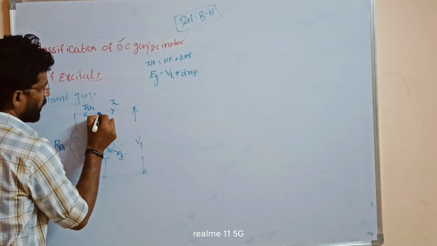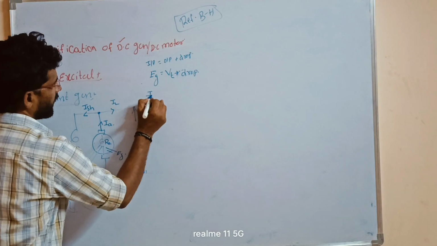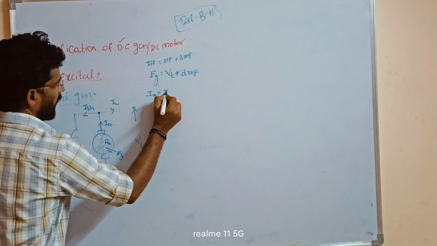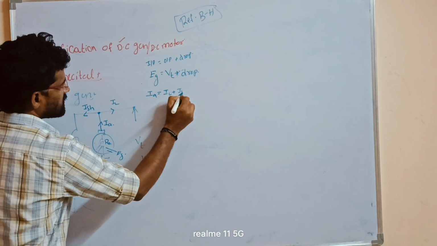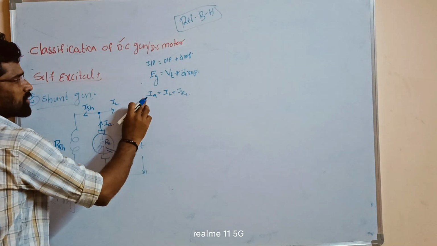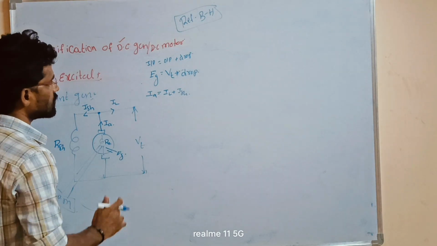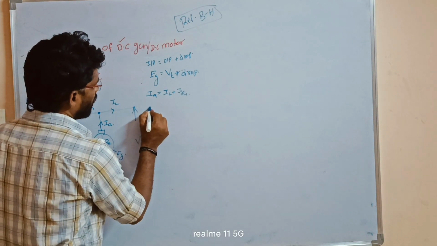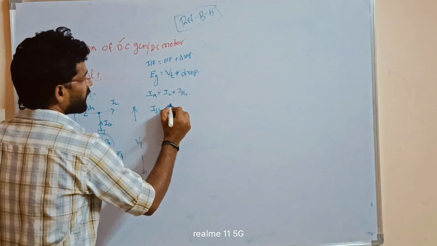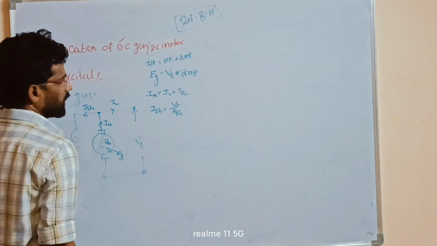In this case, consider the node point. So what is the node point? IA is the entering current. IL plus ISH are the leaving currents. The sum of the entering currents is equal to the sum of the leaving currents. We satisfy KCL. So in this case ISH is equal to VT by RSH.